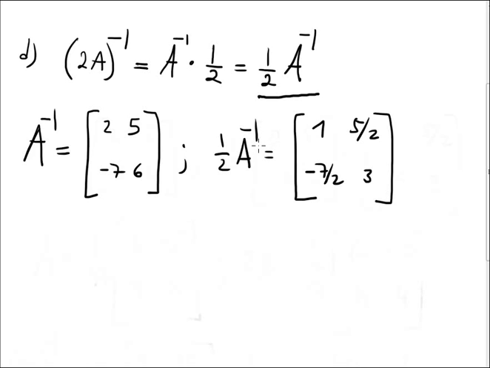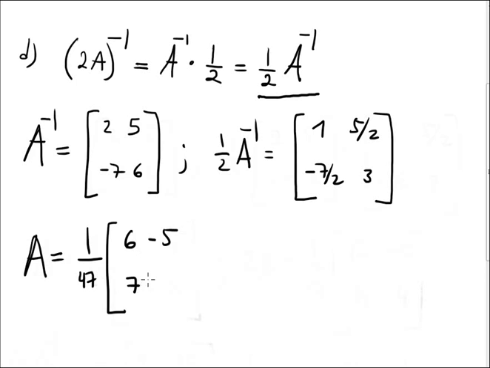Another way is, well, we have A is 1/47 and the matrix is 6, -5, 7 and 2.